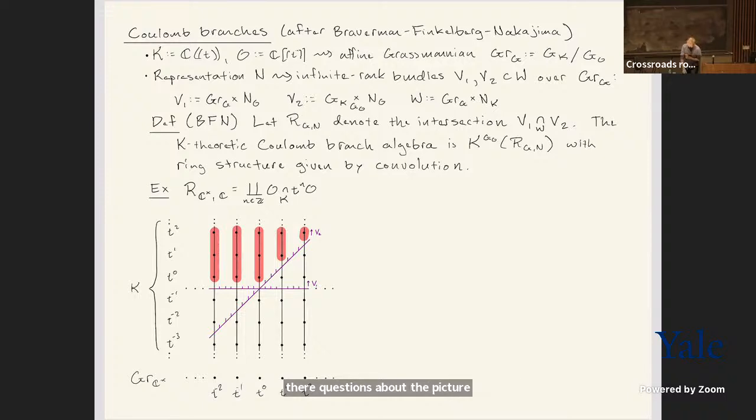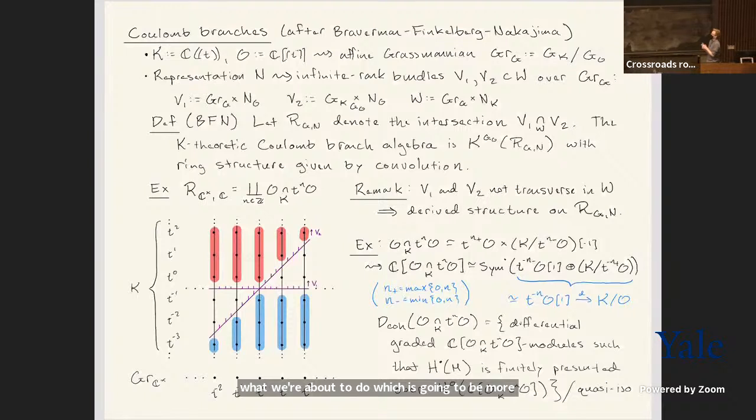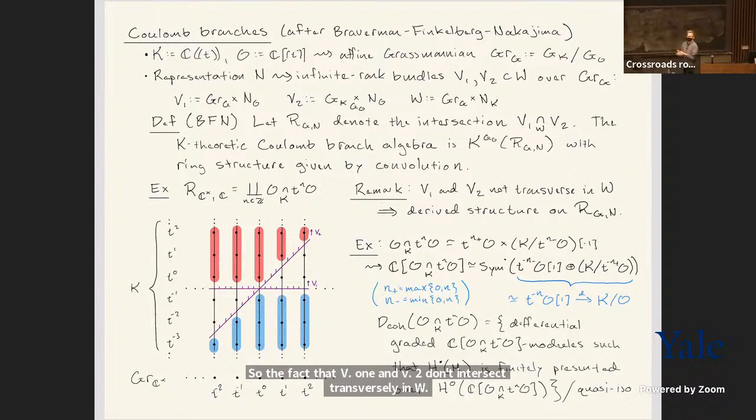All right, so here's a remark. This remark is completely irrelevant if all you're interested in is defining the Coulomb branch algebra, but it's going to be absolutely essential in what we're about to do, which is going to be more specifically about coherent sheaves on this space. The fact that V1 and V2 don't intersect transversely in W means that this intersection naturally has a derived enhancement.